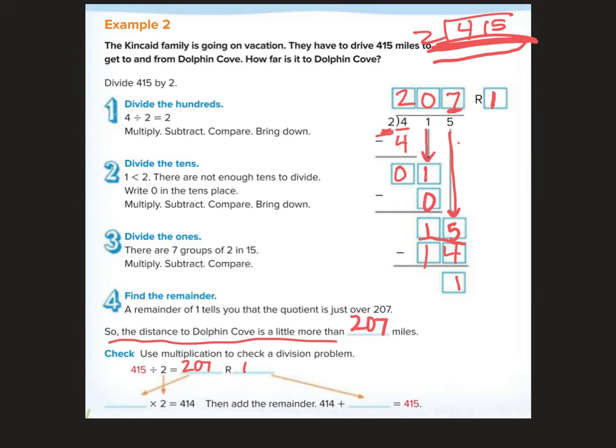Let's check with multiplication. 207 times 2. 2 times 7 is 14. 2 times 0 is 0. Plus 1 more is 1. 2 times 2 is 4. I get 414, which is not 415, but don't forget, we need to add in our remainder. Then I get 415. Check.